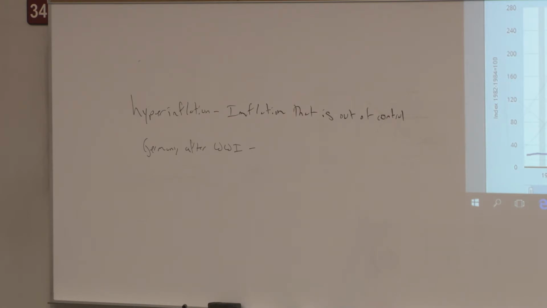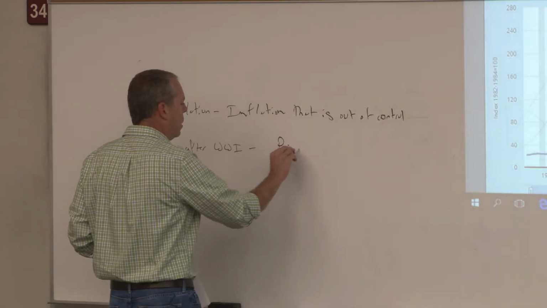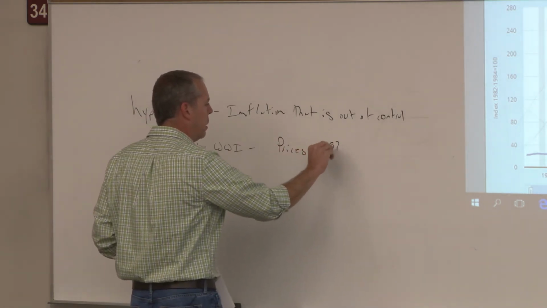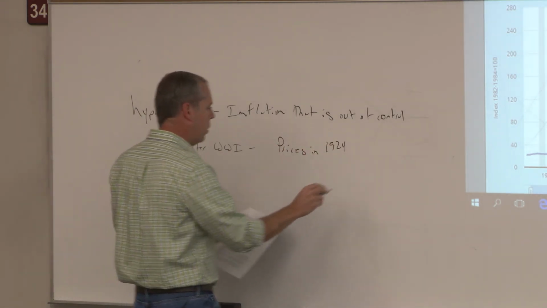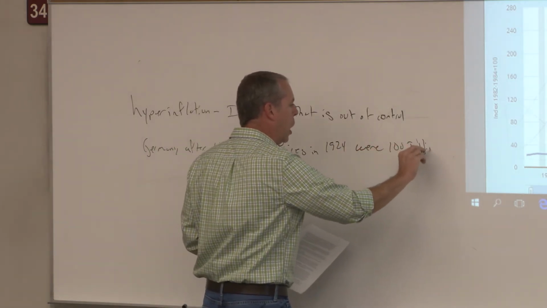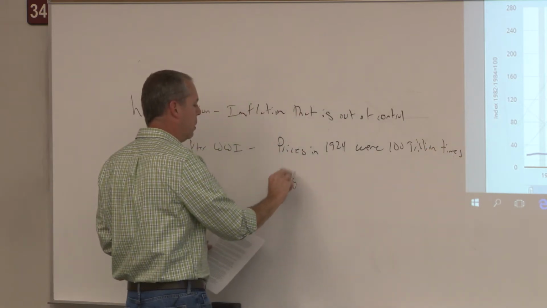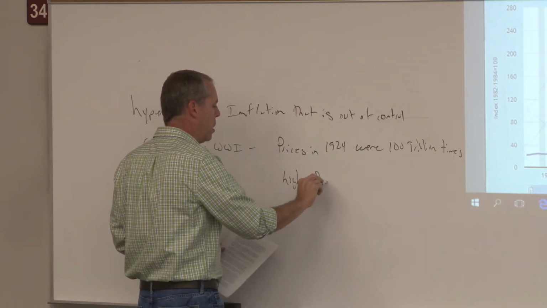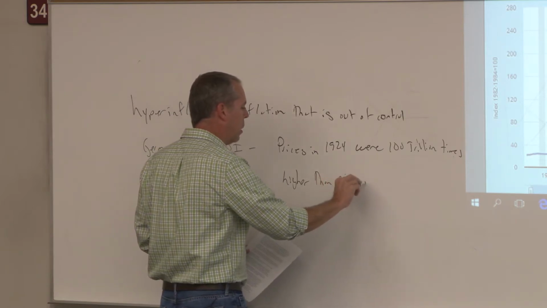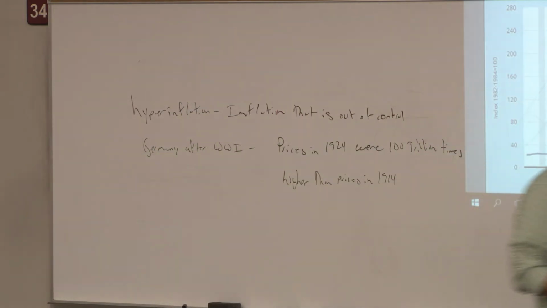Germany after World War I, where prices went up by huge amounts. So for example, prices in 1924 were 100 trillion times higher than prices in 1914, right?